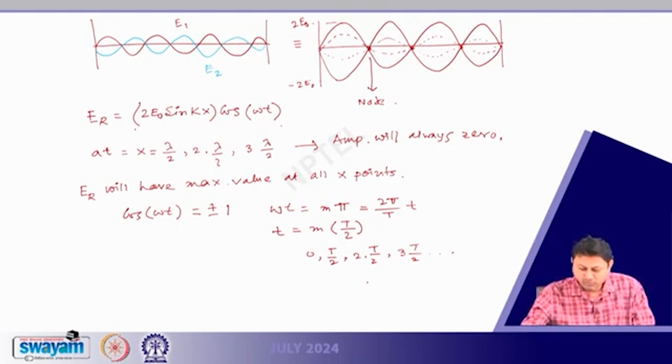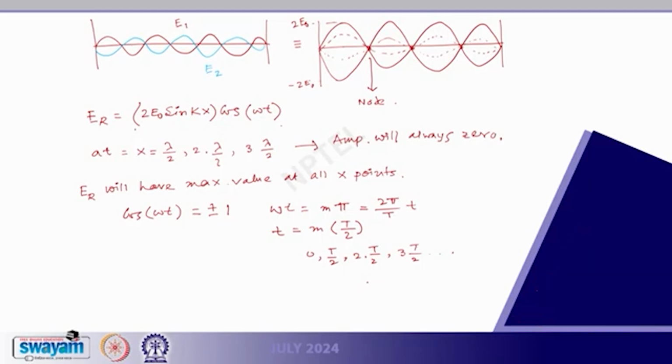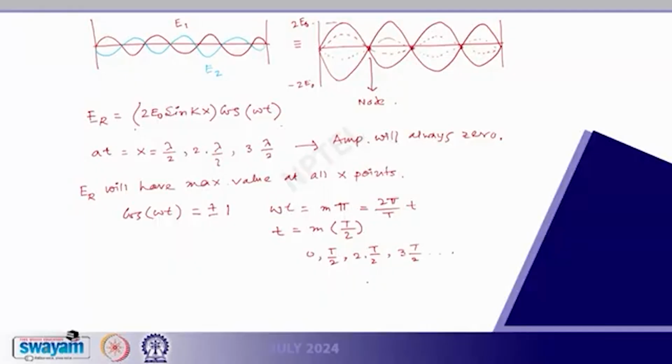So, with this note, I would like to conclude today's class because I don't have much time. In the next class, we now have the concept of a propagating wave, the concept of the superposition of two waves, and how these two propagating waves interfere and form a standing wave, but all for a fixed frequency.